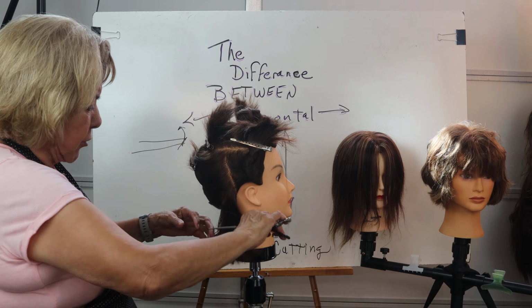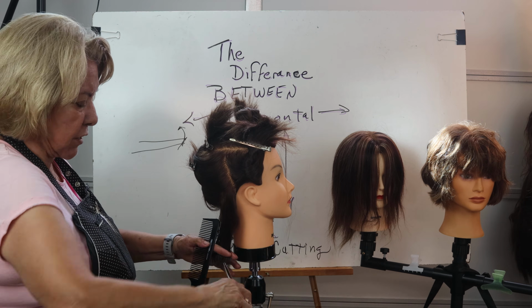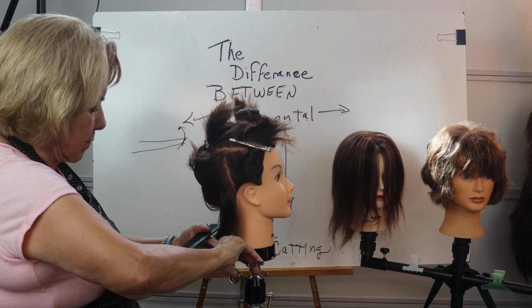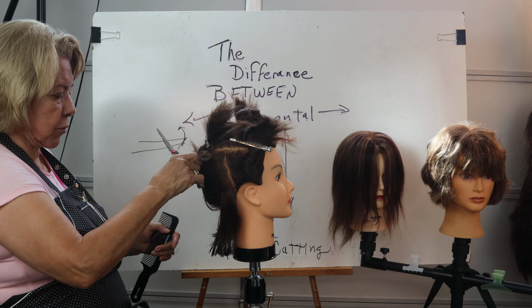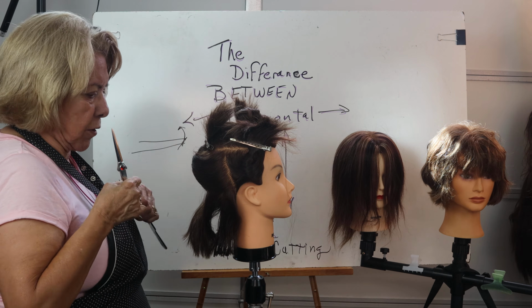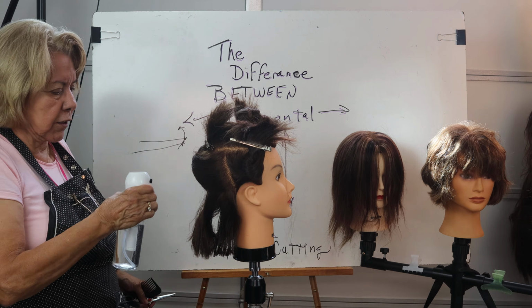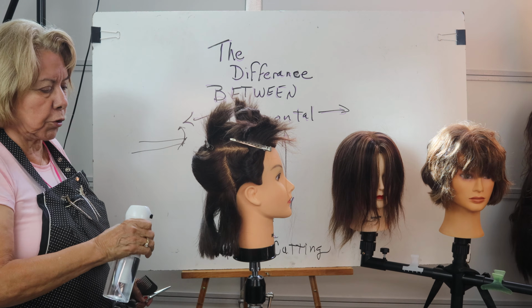Now you saw that the other one, when I did it in secondary position instead of primary, it laid down. Now it's going to start flipping out. Don't flip out on me now, but she will. And then what ends up happening with that is you have to take longer to blow dry.